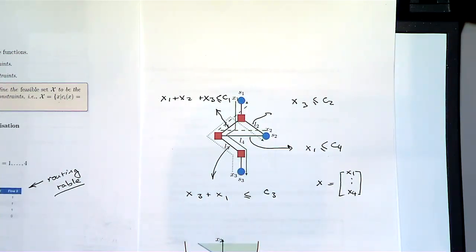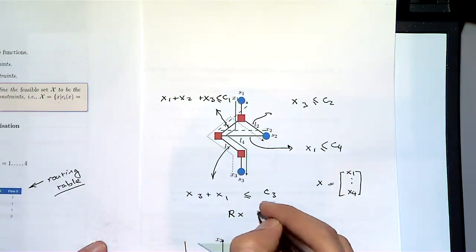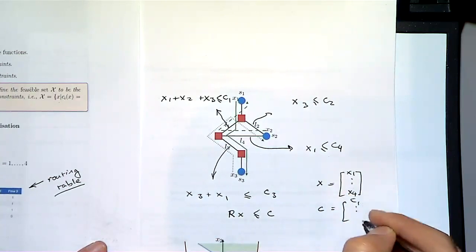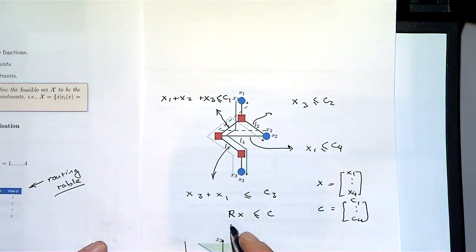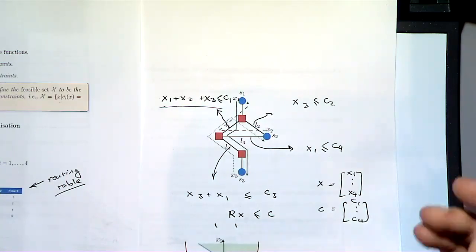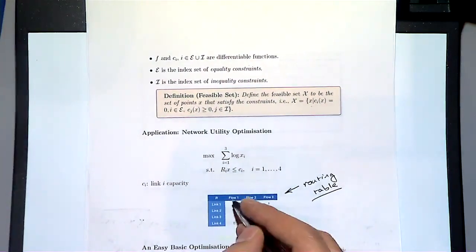And if I want to come up with a compact way of writing this constraint, it should be now Rx less than or equal to C, so C is the concatenation of C1 to C4. Now, how do I construct R? R should give me all these different constraints, right? So the first line of it, for example, should be that. So R, the first line would be 1, 1. Let me do exactly this. So this would be my R.